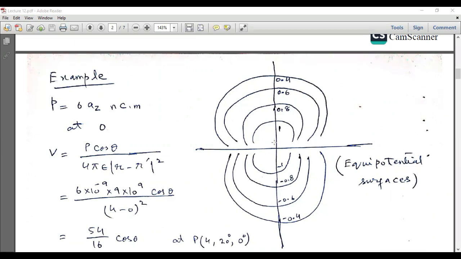But at this axis, theta is equal to 0 degrees, so the equipotential surface has the maximum potential, and here theta is equal to 180 degrees, and potential will be negative for these equipotential surfaces. And here V is equal to 1 because r is small. So as we go on increasing r, the value of potential is decreasing, right?